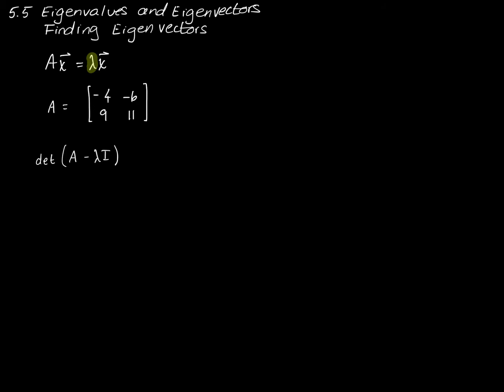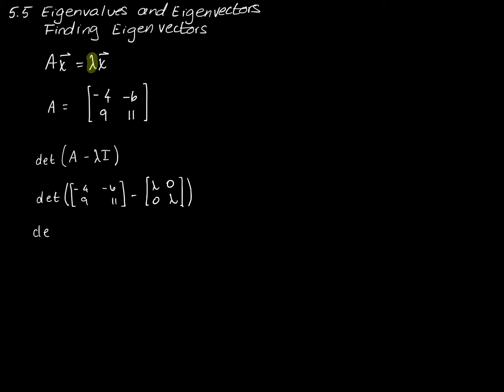And that is going to be the determinant of A, which is [-4, -6; 9, 11], minus lambda times the identity matrix. Well, the identity matrix is going to be a 2 by 2 matrix, and the entries will be 1, 0, 0, 1. And when I multiply that by the scalar lambda, I get lambda, 0, 0, lambda.